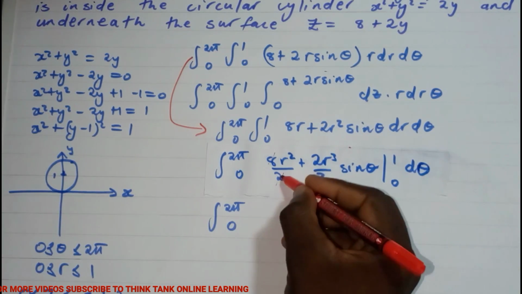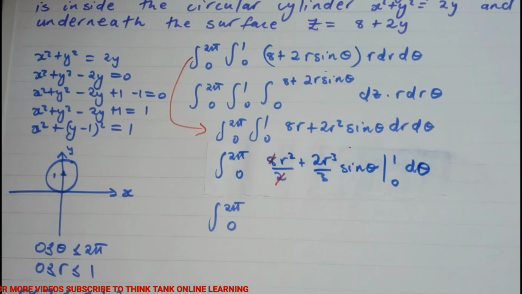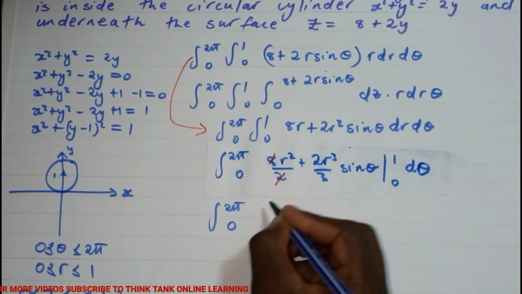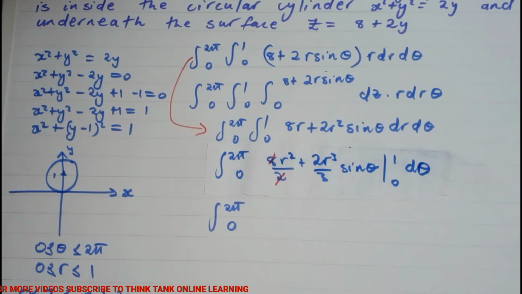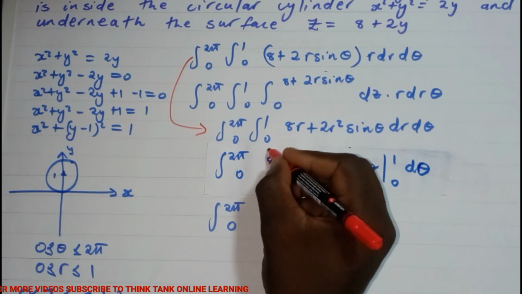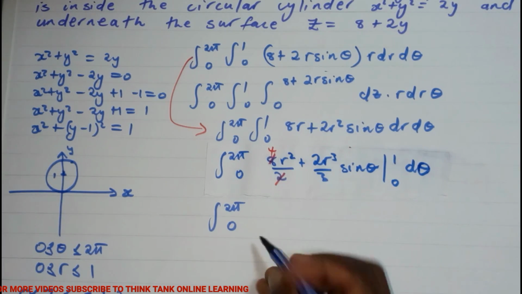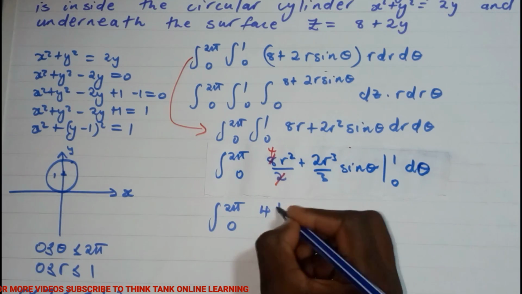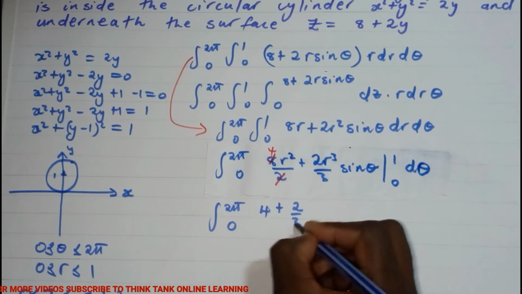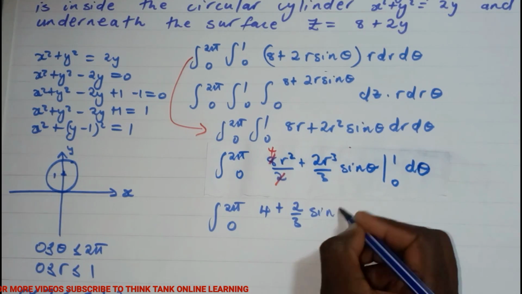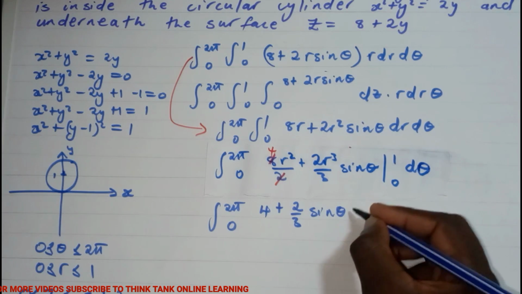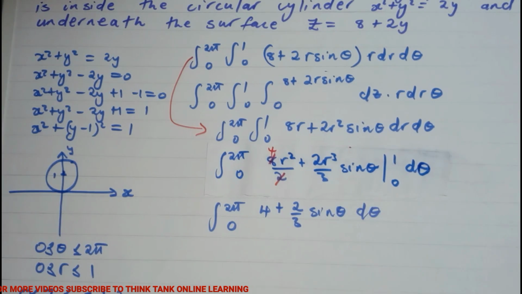Evaluating, we get 4 plus 2/3 sine theta, d theta.